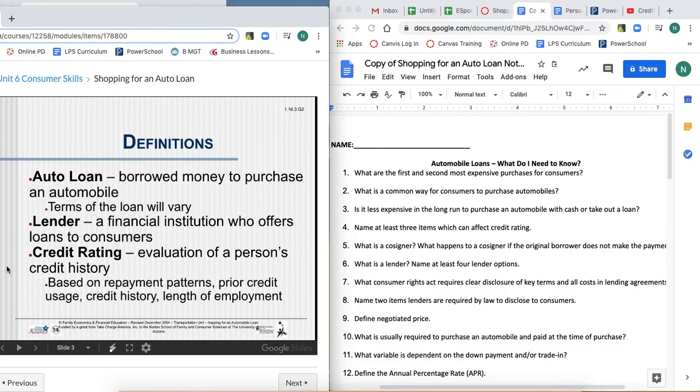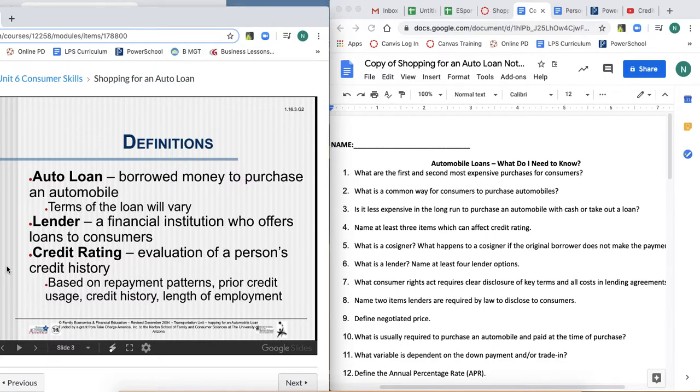All right, so let's go over some quick definitions. An auto loan is, very similar to any other type of loan like a student loan or a credit card, borrowed money used to purchase an automobile. The differing contracts will change the terms depending on the lender that sends you the money.